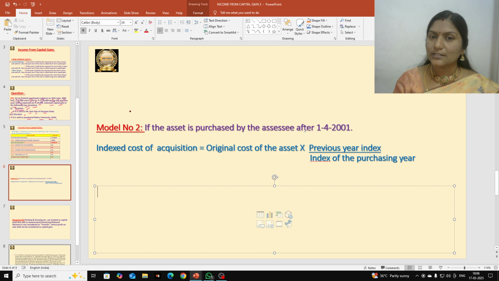So that is the formula, model 2: if the asset is purchased by the assessee after 1-4-2001. What is the formula? Indexed cost of acquisition is equal to original cost of the asset.